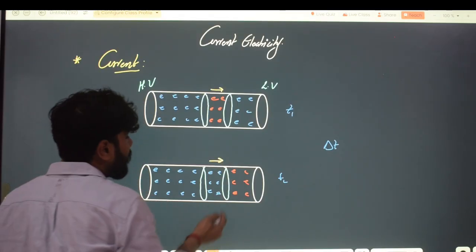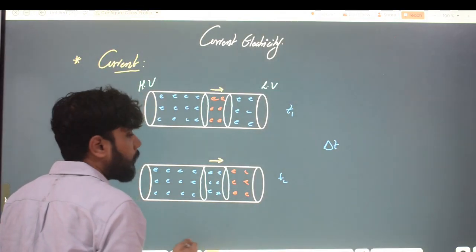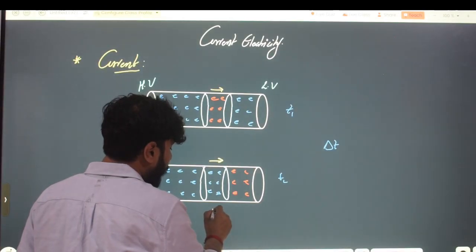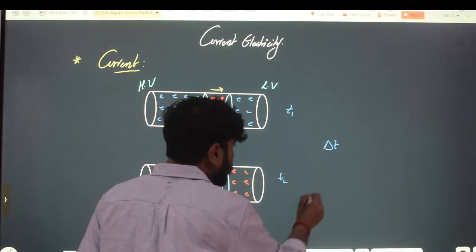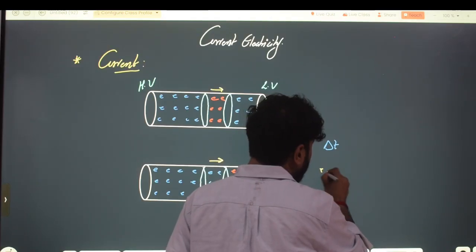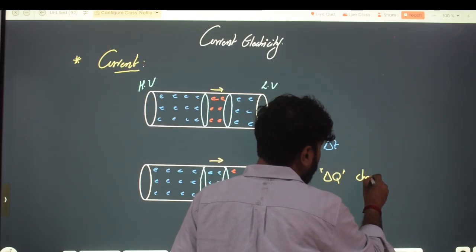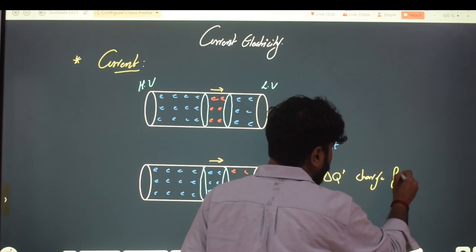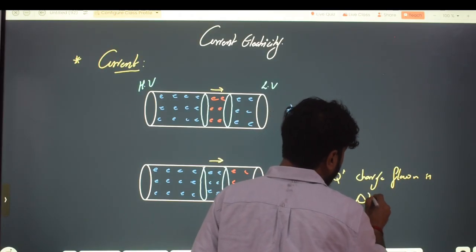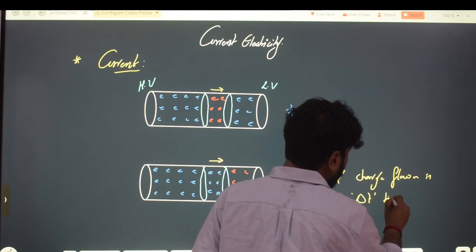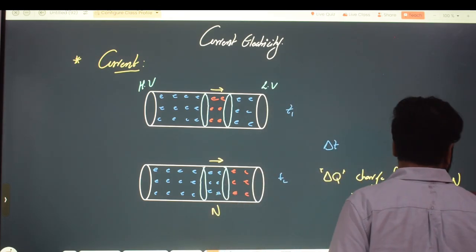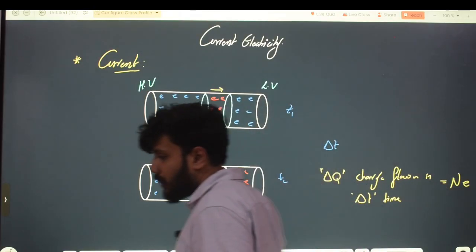If you see the picture, it seems like it is 6, but because we cannot surely say it is 6, let's say the number of electrons is n. So the total charge flown in delta t time can be written as, let's say, n is the number of electrons that has flown, and e will be the charge of each electron.